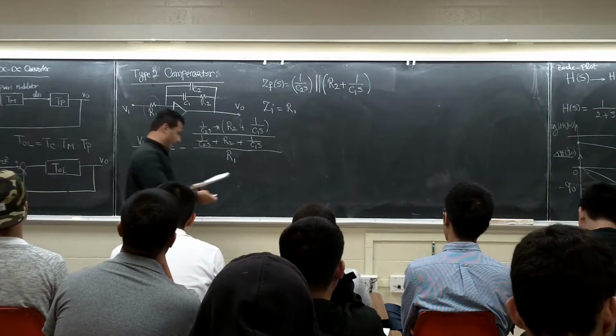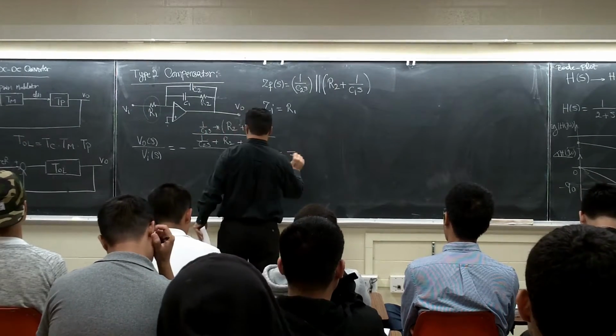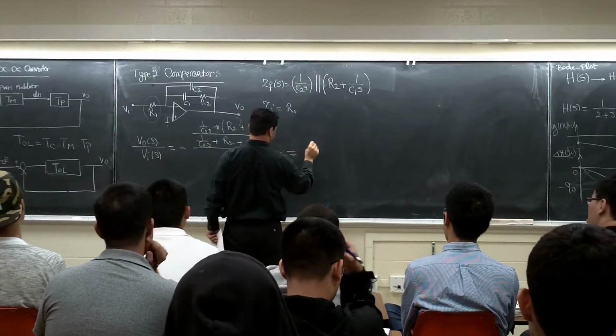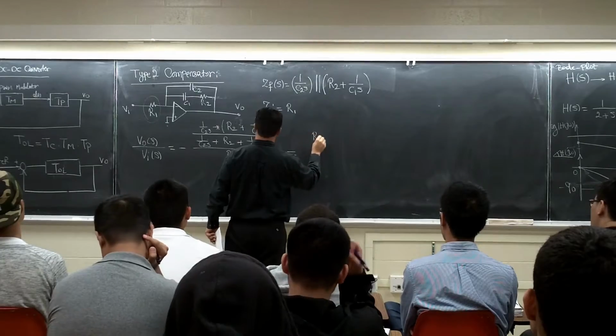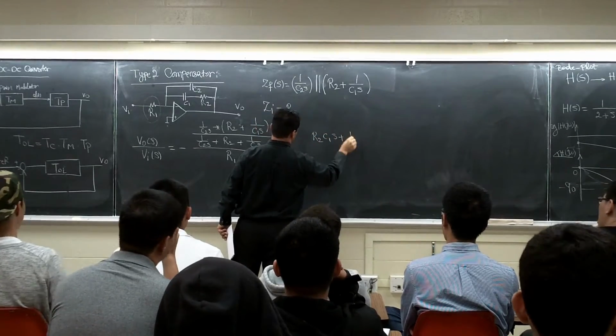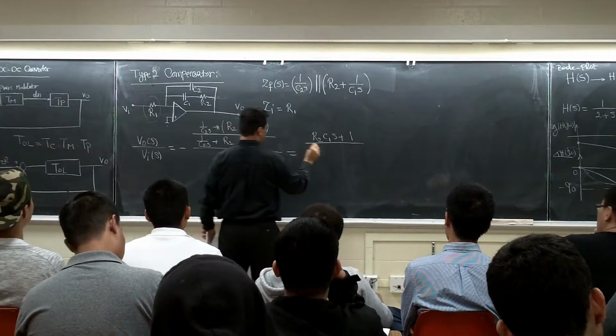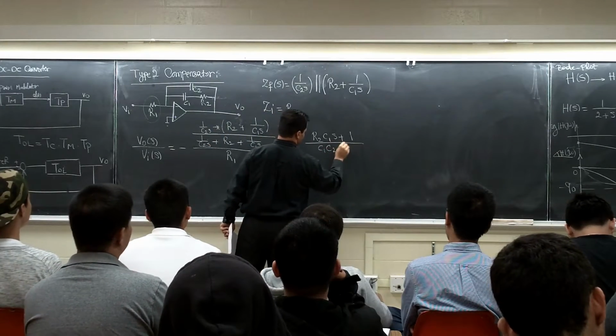Now, if you do the calculation here, it's going to be R2 C1 s plus 1, divided by C1 C2 s squared.